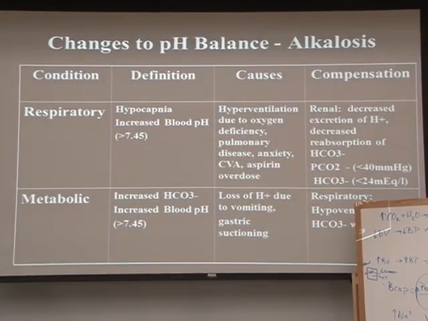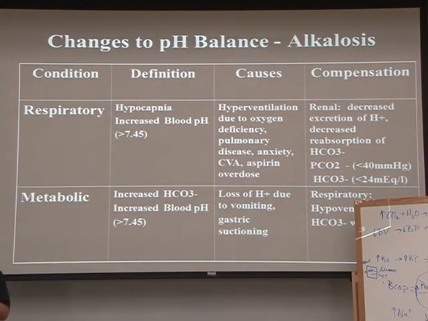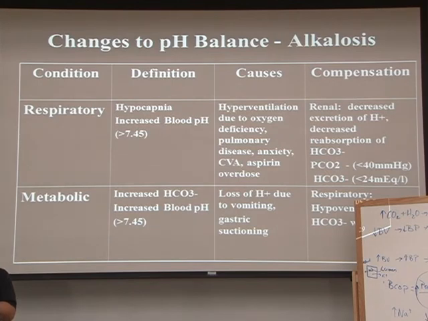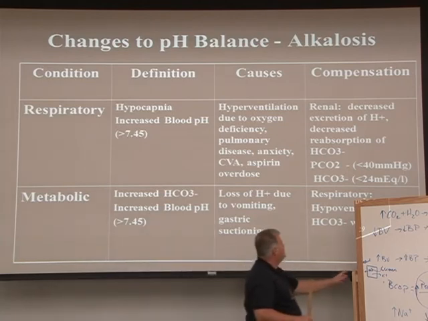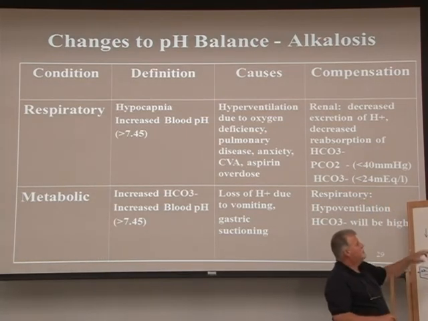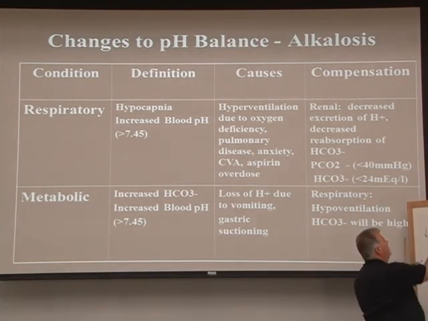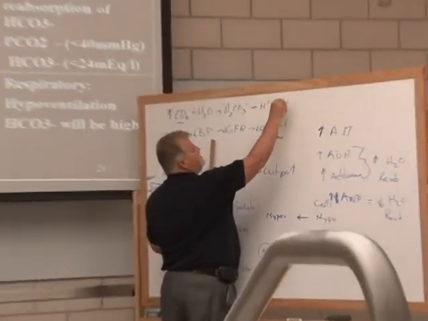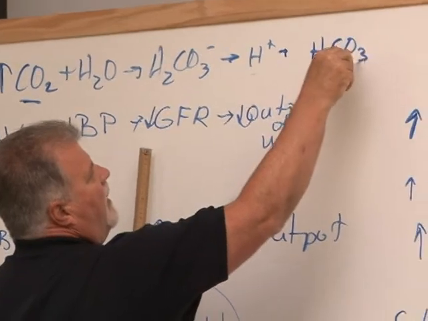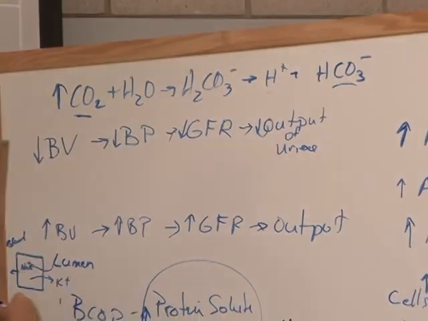Hypoventilate. So this patient would be going very, very low. And then, because we're hypoventilating and we're driving the carbon dioxide level up in our blood, not only do we form hydrogen ions, but we form bicarbonate ions.